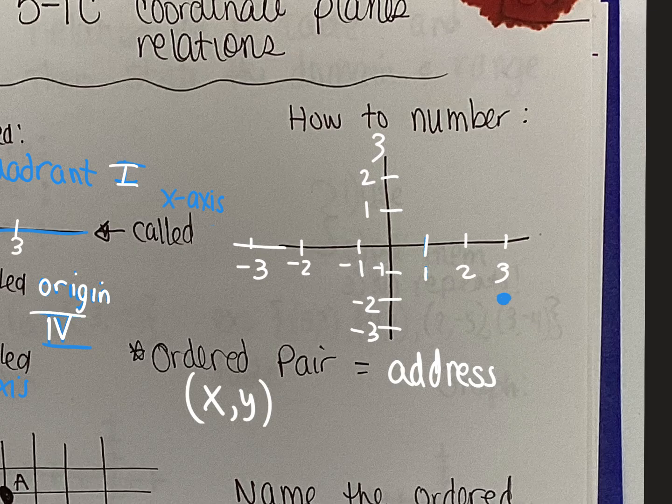So this dot right here is sideways 3, down 2. So it's in quadrant 4, positive 3, negative 2. Starting at the origin, I trace sideways, then down.